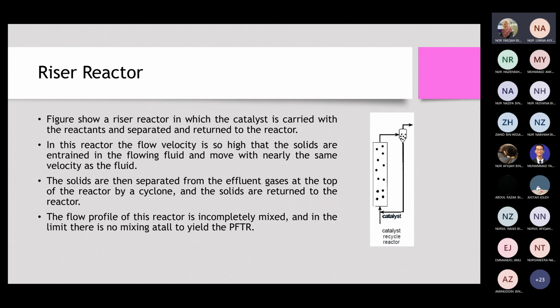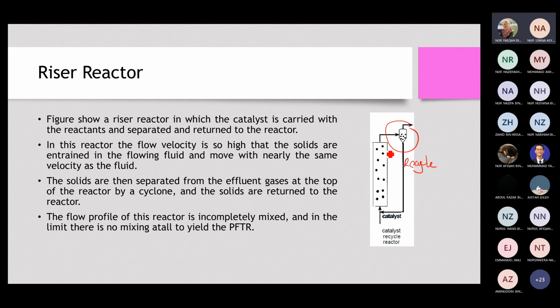The solids are then separated from the effluent gases at the top of the reactor by a cyclone. So this is the cyclone, and the solids are returned to the reactor. So the solid catalyst returns to the reactor.